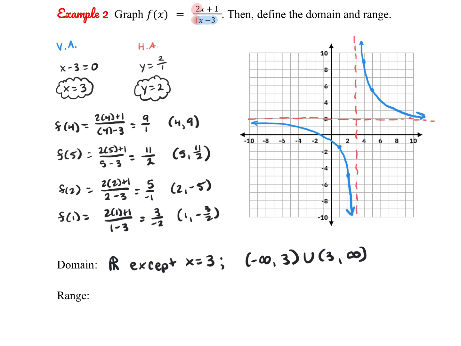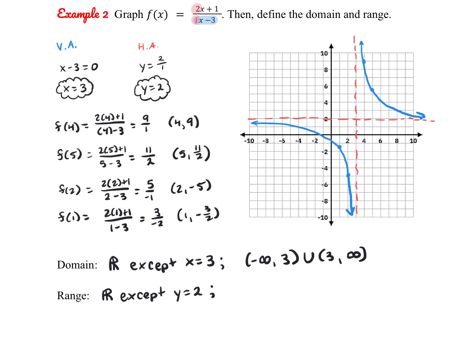Now for the range, it's going to look similar. Look at my y values. It's going to hit everything except for 2. And then after 2, it hits every y value again. So the range is going to be all real numbers except for y equals 2.